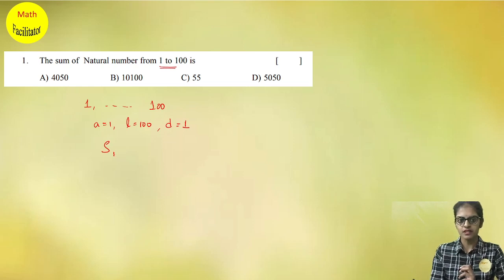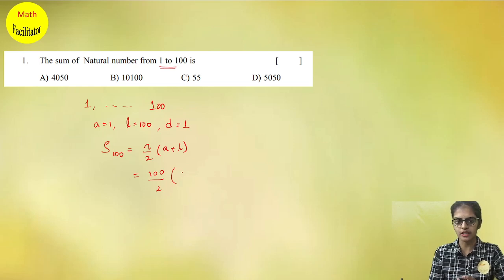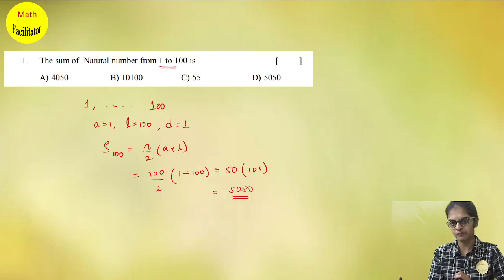Sum of 100 natural numbers is nothing but n by 2 into first term plus last term. So n is 100 here, 100 numbers are there. So 100 by 2 into first term 1 plus last term 100, that is equals to 100 by 2, which is 50, into 101. So it will be 5050.